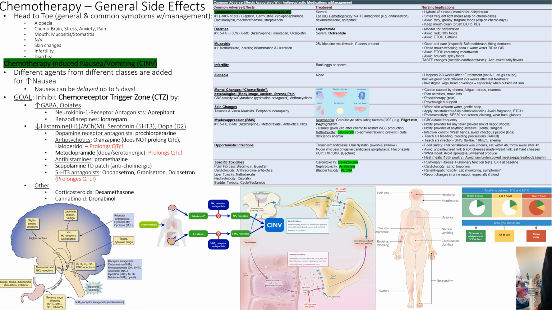So we want to know what the side effects are, but also what are some teaching strategies you can do. That's kind of what the table illustrates there. Nausea, vomiting. So you got nausea, vomiting here, and we have certain medications we can give for nausea, vomiting. And surprisingly, steroids are antiemetic. They're very, very strong antiemetics.